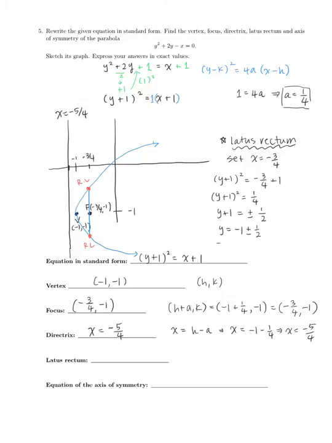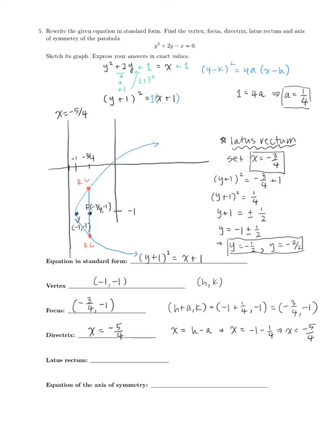Okay, so that means what? Let's take -1 + 1/2. That's going to give us -1/2. And then let's take -1 - 1/2. Then we're going to have y = -3/2. Let me just box that. So this means that when the x value is -3/4, our corresponding y values are -1/2 and -3/2.